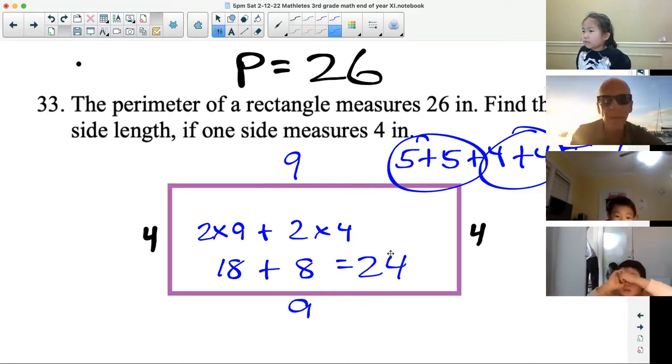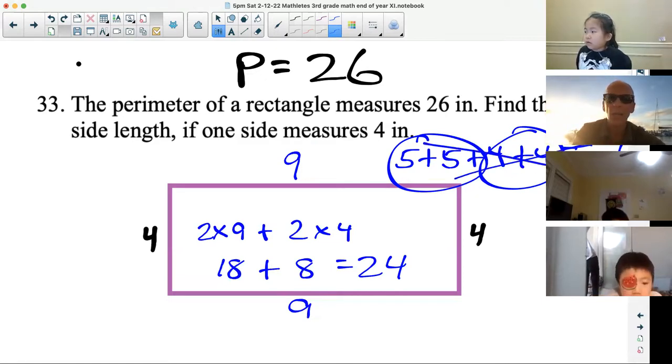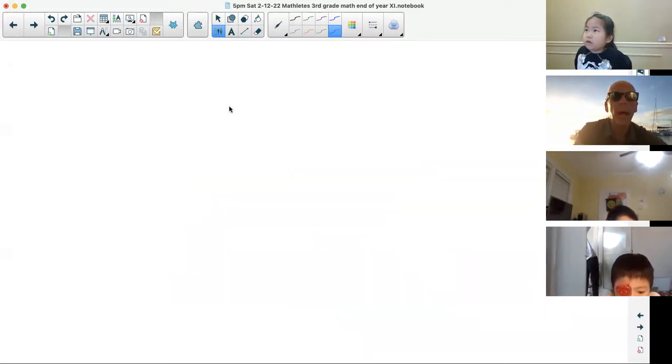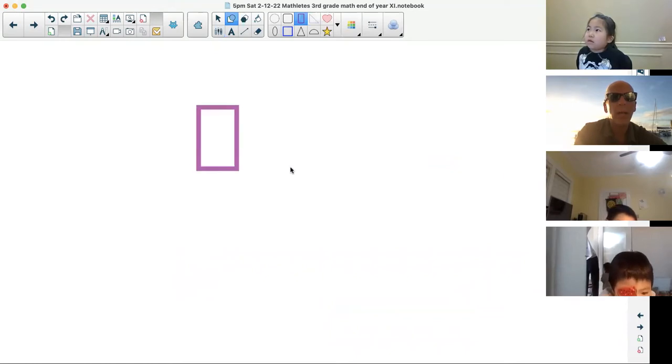You guys see that? Yes. All right, now, another thing that we should look at is this. What if I said to you that we have a rectangle?